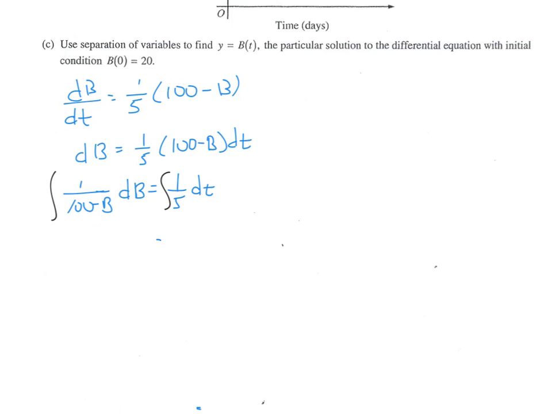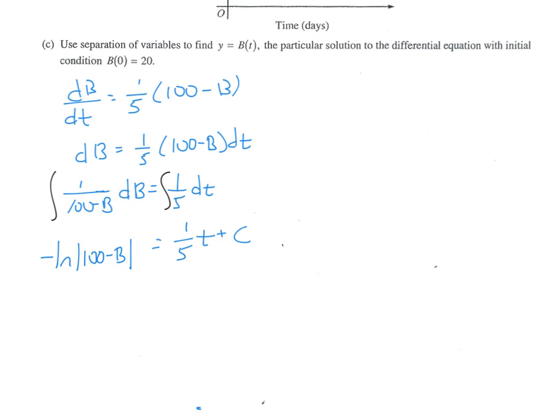Now the right side will get 1/5 t plus C. The left side is going to be an ln. And if you don't see that the integral of this is equal to this, you may want to do some u-sub on the side and let u equal 100 minus B.